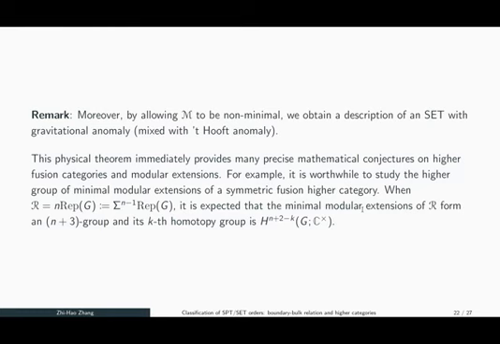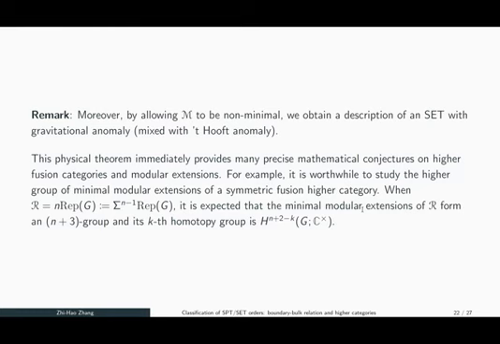I'm sorry. So when n equals 1, the minimal extensions form a 4-group according to you. Yes. It's not very clear, because if you try to consider minimal modular extensions and functors and natural transformations, you maybe only get a 3-group.